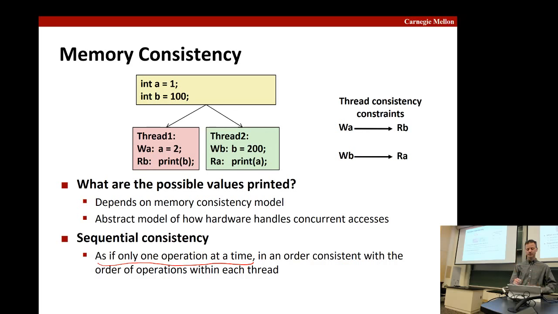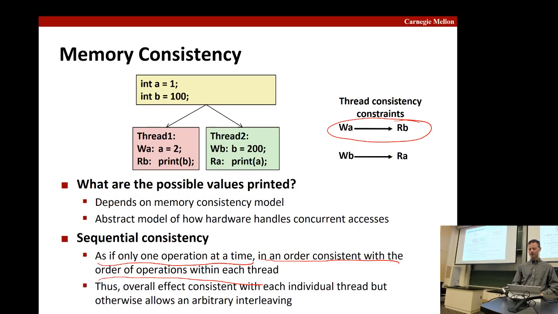And that has to be in an order consistent with the order of operations in each thread. But otherwise, given that thread 1's operations have to be in order and thread 2's have to be in order, the shuffling of the deck can be any which way.